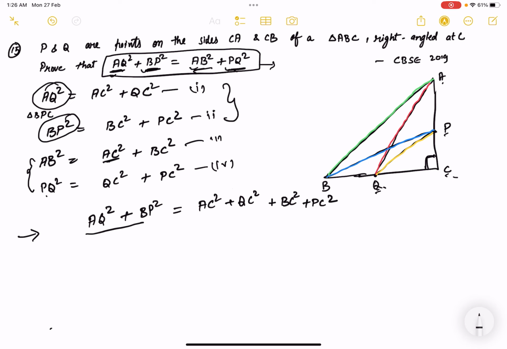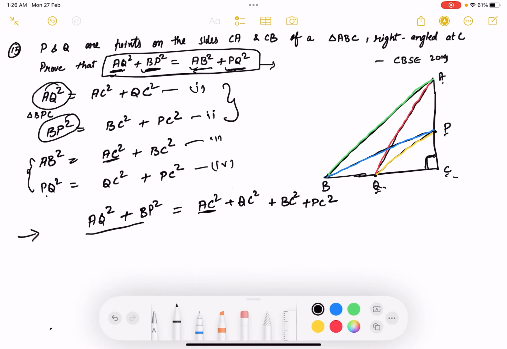We have AC square here and here, BC square here and here, and for PQ square we have QC square and PC square.